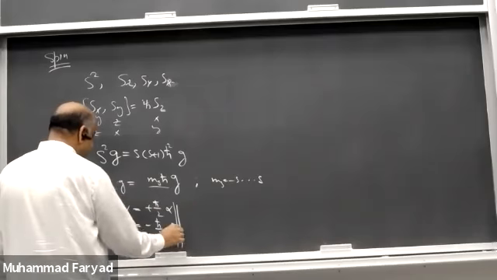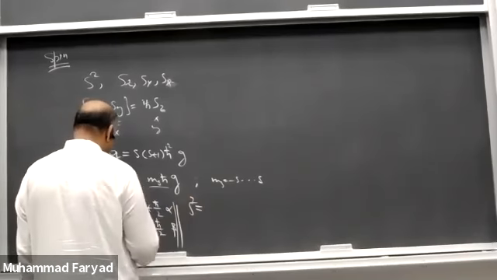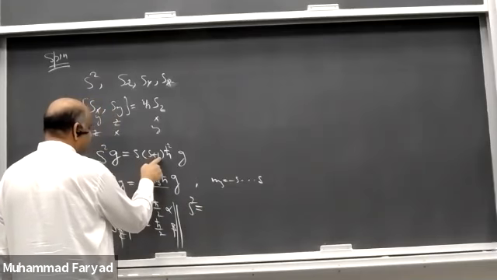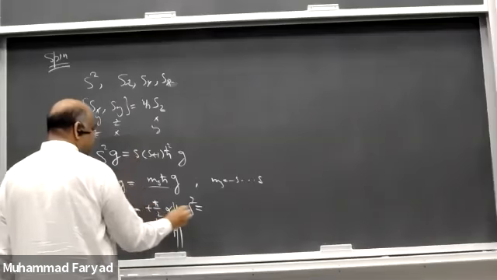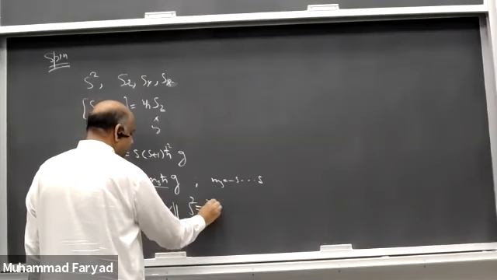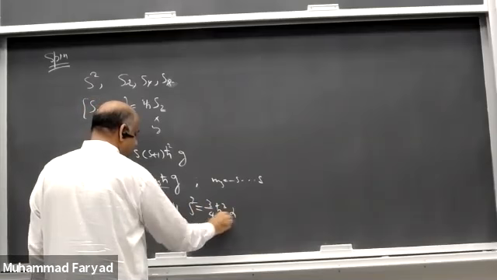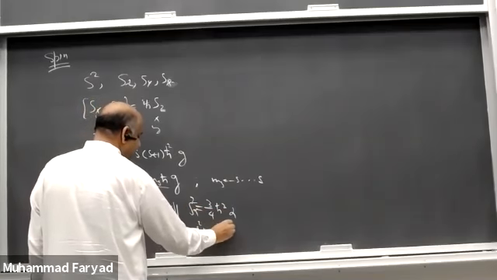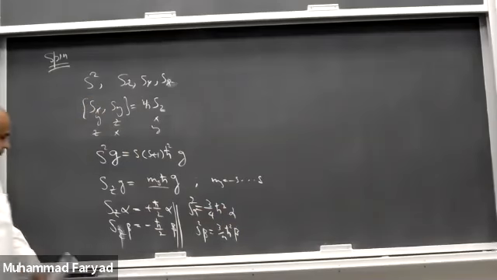And for both of them, the S square is going to be, since s is half, so half times half plus 1 is 3 by 2, so it's 3 over 4 alpha, and S square beta is also 3 over 4 beta, like this.